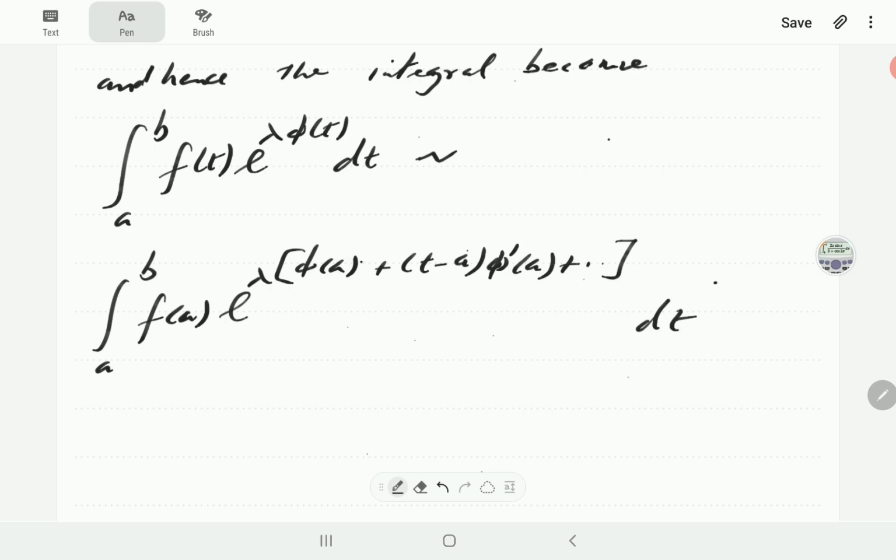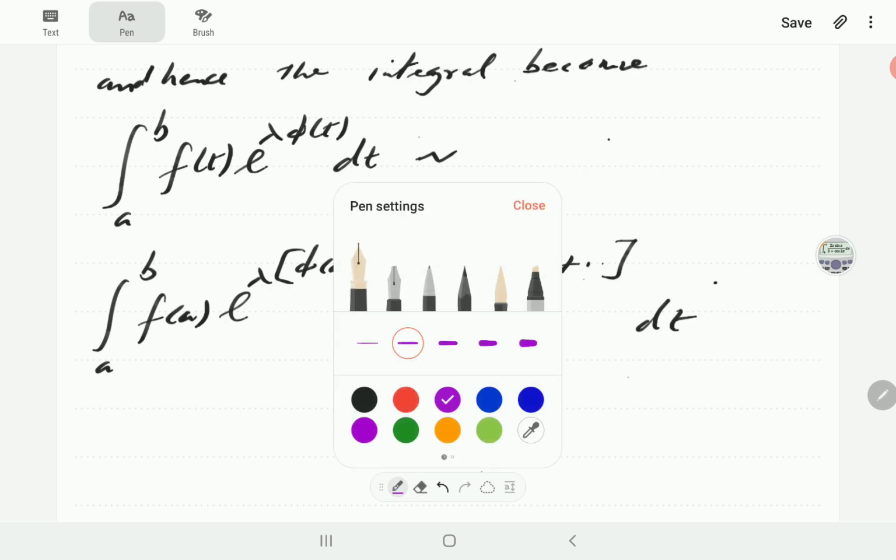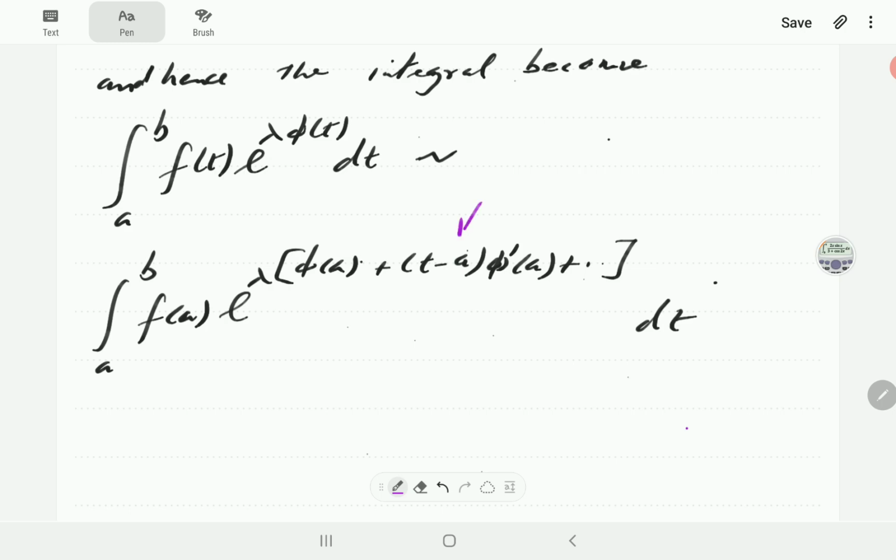Now the only term that involves t here is this one here.